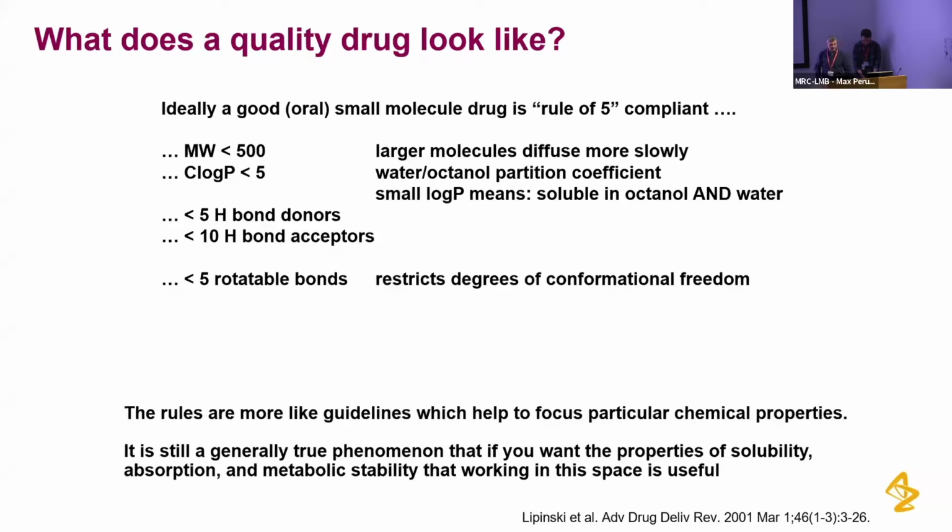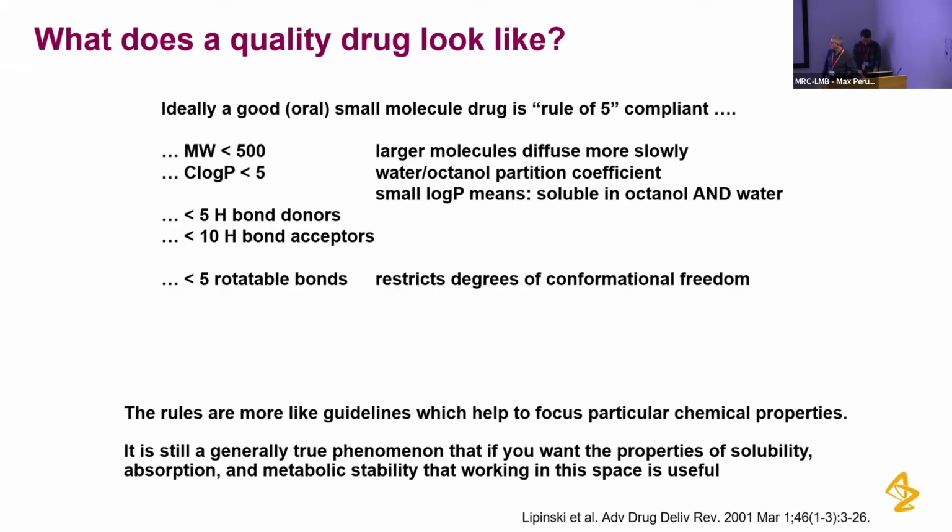The other rules were less than 5 hydrogen bond donors, less than 10 hydrogen bond acceptors, and less than 5 rotatable bonds. And so these rules tend to be broken these days. We're getting lots of different modalities. So I'll give you an example of PROTACs, which have a warhead for a target of interest and a warhead for an E3 ligase, and a linker linking those two warheads together.